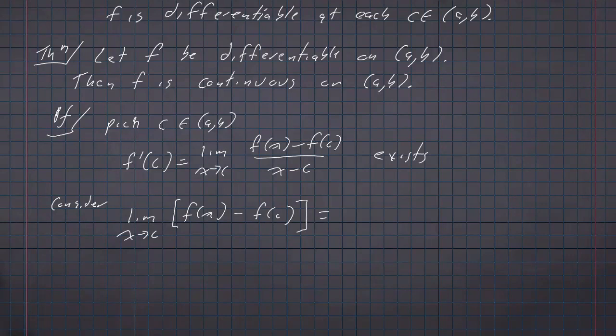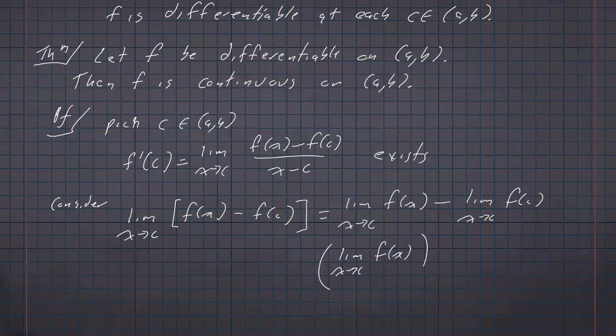where I split the limit up over the subtraction, and I get that the limit as x approaches c of f of x minus f of c is the limit as x approaches c of f of x minus the limit as x approaches c of f of c. Now for the first one, I don't yet know that the function is continuous, so I don't know for certain what the limit as x approaches c of f of x is.